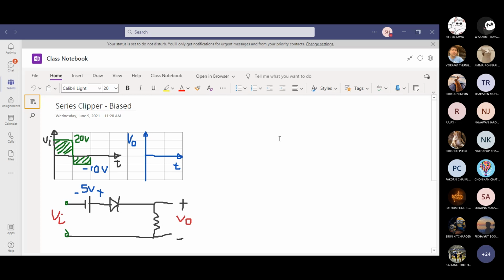Think about it. Will it be 0 for the positive half cycle? Is the diode on or off for the positive half cycle? Determine from this circuit. In the positive half cycle, is the diode on or off?